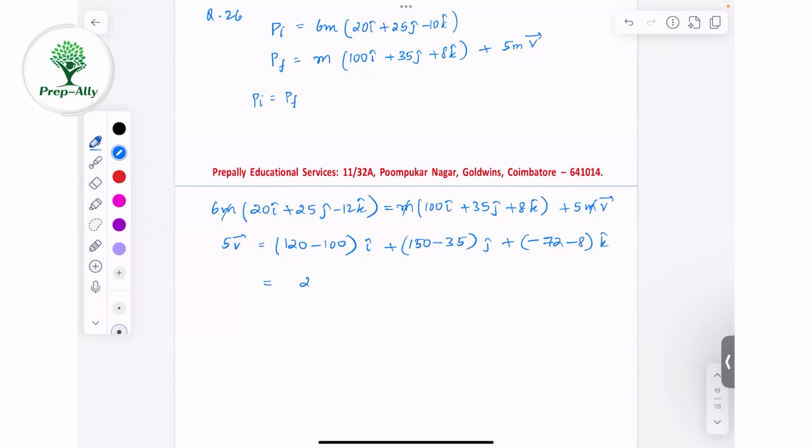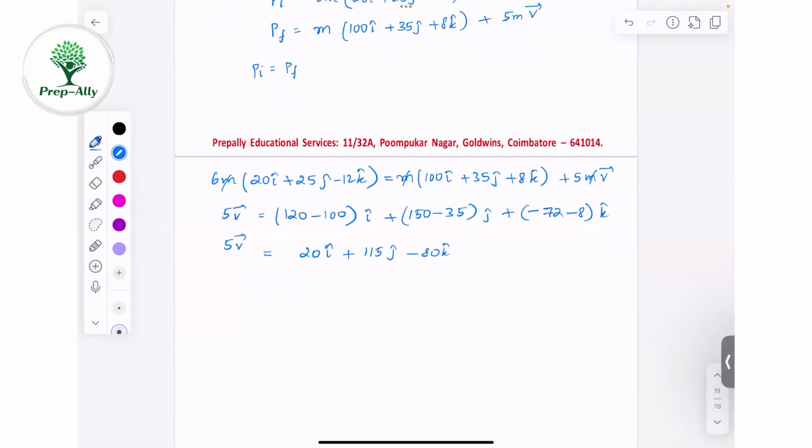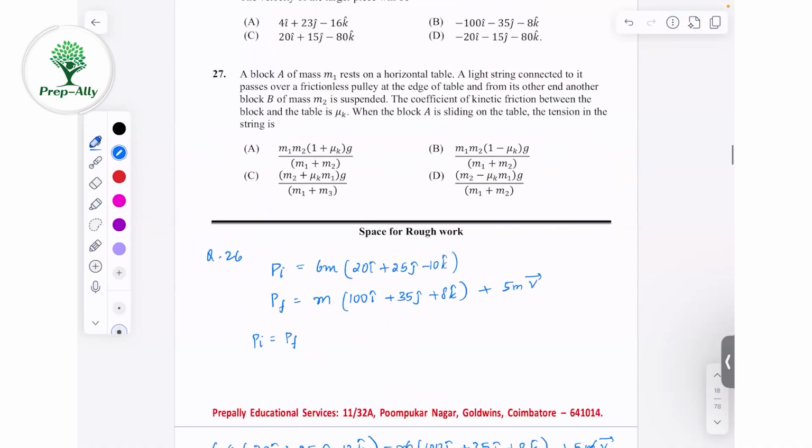This comes out to be 20 I cap plus 115 j cap minus 80 k cap. But this is 5 times the velocity vector. So V bar is going to be, okay, this is 4, not 20. 4 I cap plus 23 j cap minus 16 k cap.